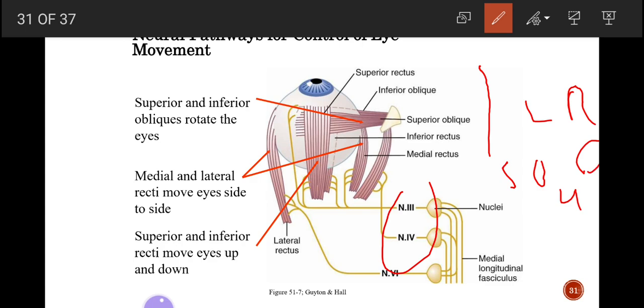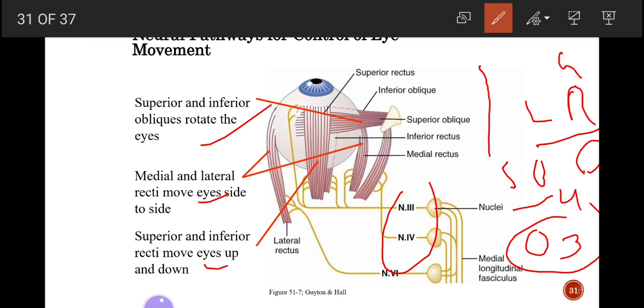LR6 and others thrice. What this shows is that the superior oblique is supplied by the 4th cranial nerve, the lateral rectus by the 6th, and all the rest of the extraocular muscles are supplied by the 3rd cranial nerve, as shown in the figure. This figure also shows some of the functions of these muscles, not in detail.